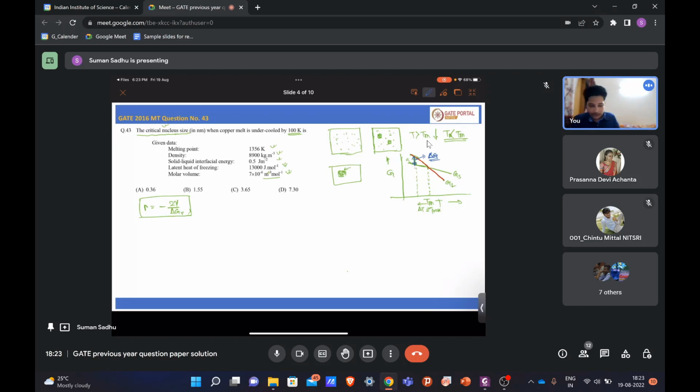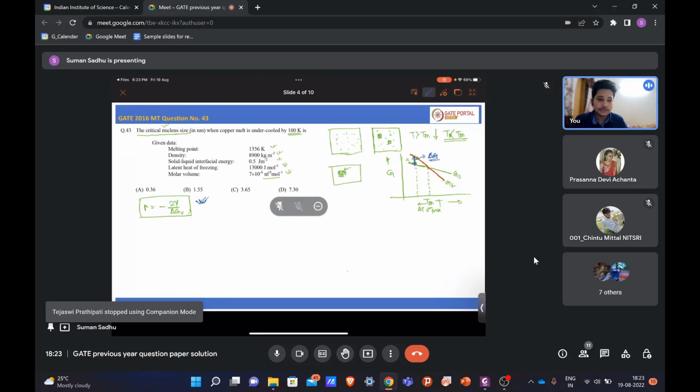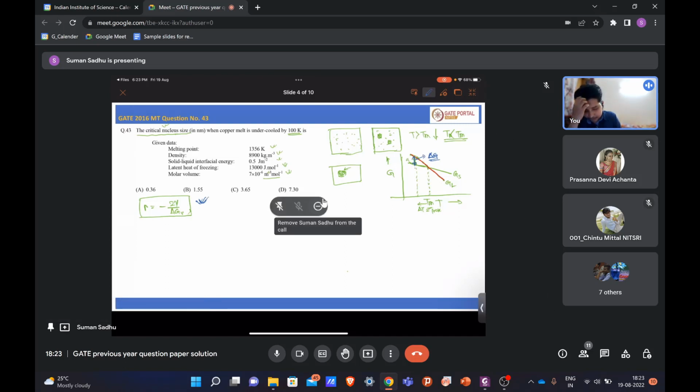Now, how is this formula coming? Every one of you might have remembered this equation, but how does it come? R star is equal to 2 gamma by delta G V.